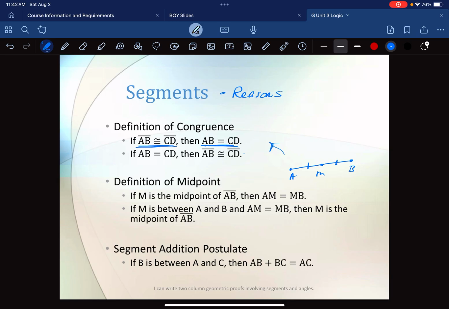If M is between A and B and AM is equal to MB, then you've satisfied the definition of a midpoint, and you can conclude that M is the midpoint of segment AB. So if you show AM is equal to MB and M is between them, then it is the midpoint. You can make that conclusion.